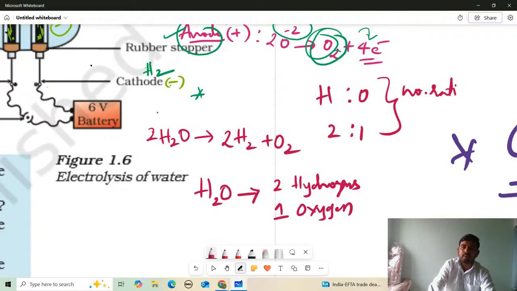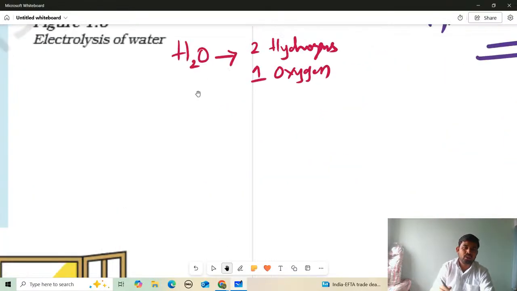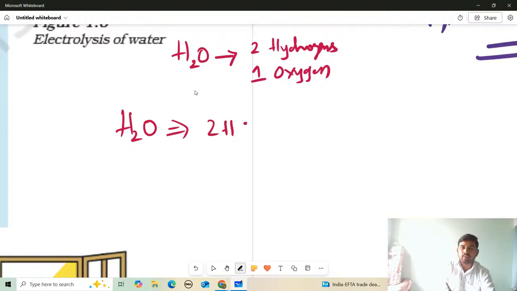Sometimes in the examination they will ask the mass ratio. Again, the water formula is H2O. Water is made up of two hydrogens and one oxygen. The mass of two hydrogens is 2 unified mass and the mass of one oxygen is 16 unified mass.